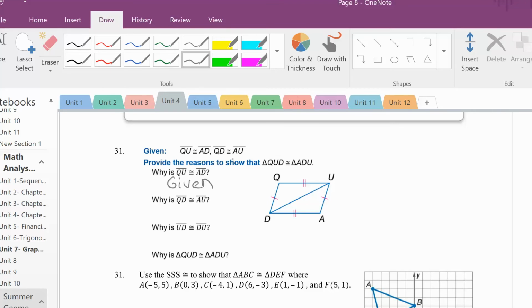Why is QD congruent to AU? It's also given. Why is UD congruent to DU? Well, that's the same segment, so it's what's called the reflexive property. And then why would the two triangles be congruent? That is because of the side-side-side congruence.